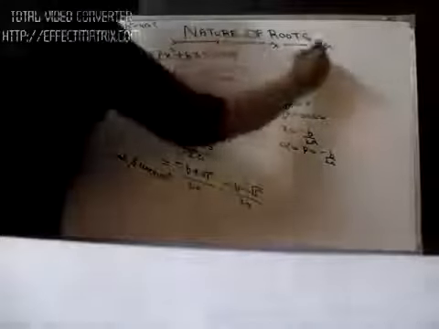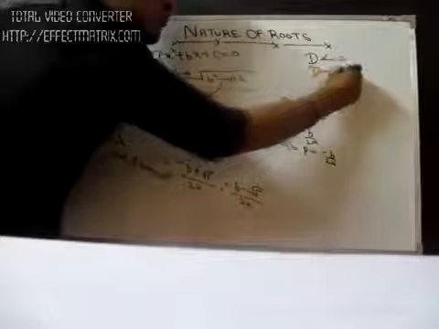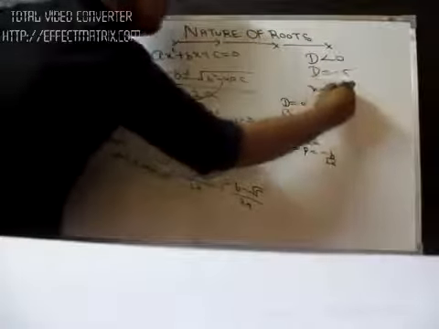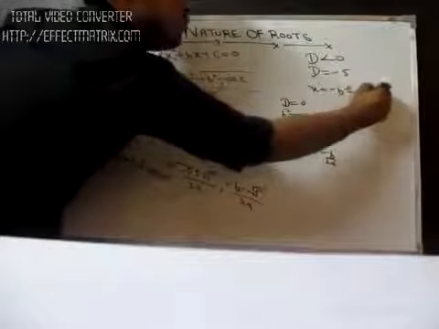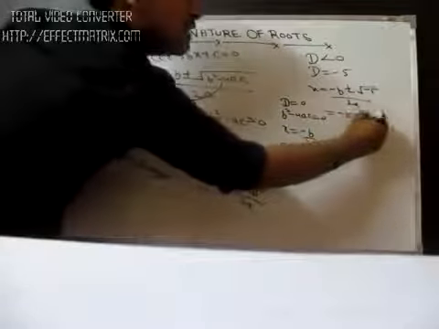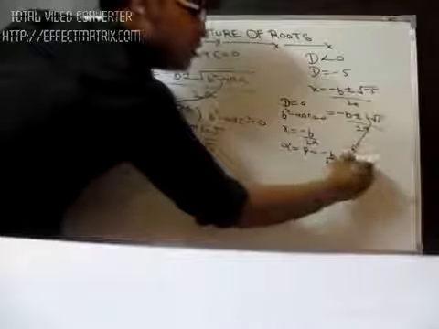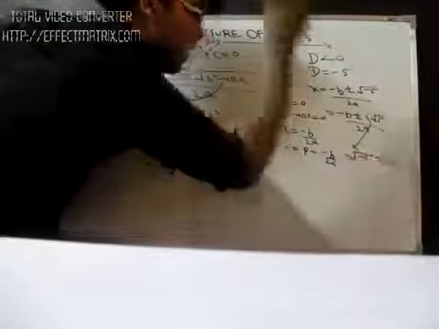Case 3, when D is less than 0. Let D be equal to minus 5. So x is equal to minus b plus minus root minus 5 by 2a. So minus b plus minus i root 5 by 2a. Root minus 1 is equal to i.